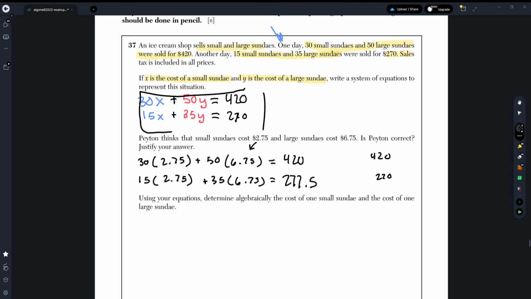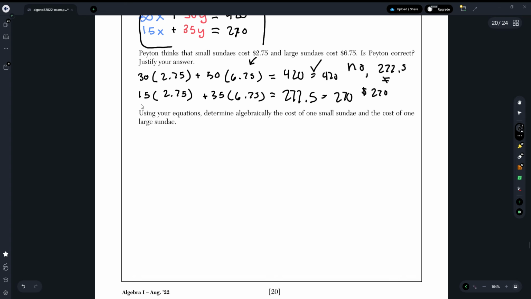So our answer is no, because, or actually, do we need to explain? Oh, justify our answer. Well, this is enough justification right here. All we have to write is no, 277.5 is not equal to $270. That's pretty much all that you need for that one.